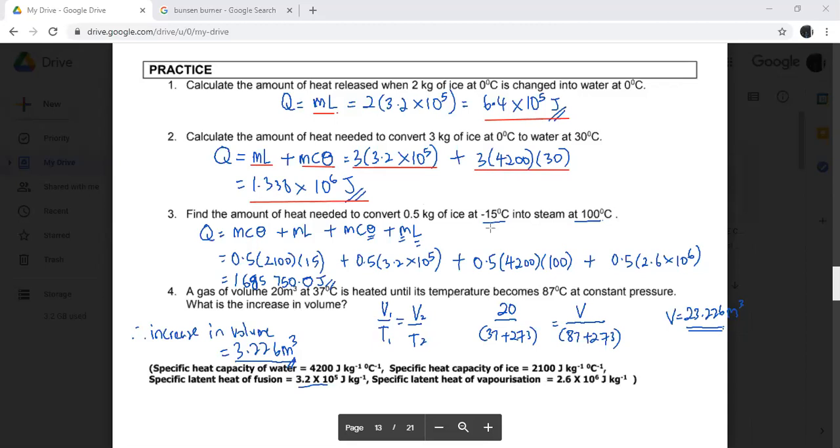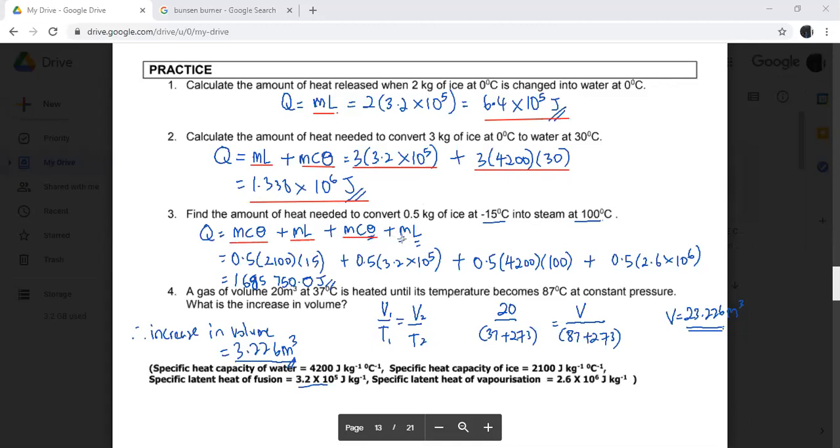Number three, this is a 4 stages system. First, the ice cube shows an increase in temperature from -15 to 0. Then at 0, the ice cube is melting. Then after all the ice cube has melted from 0 degrees Celsius, it's now in the form of water and increases to 100 degrees Celsius.